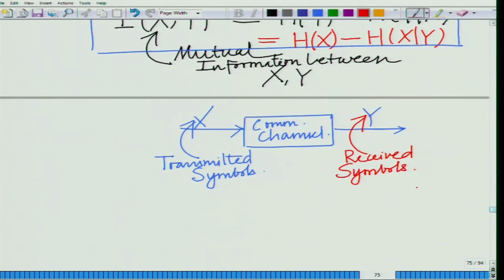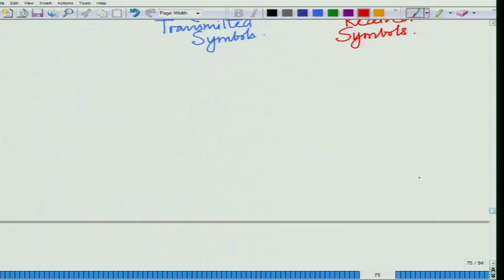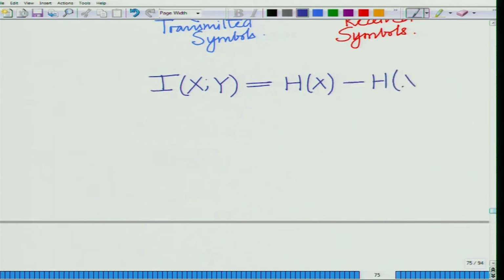Transmitted symbols, received symbols. And basically what we have is the mutual information between x and y is equal to H(x) minus H(x given y).